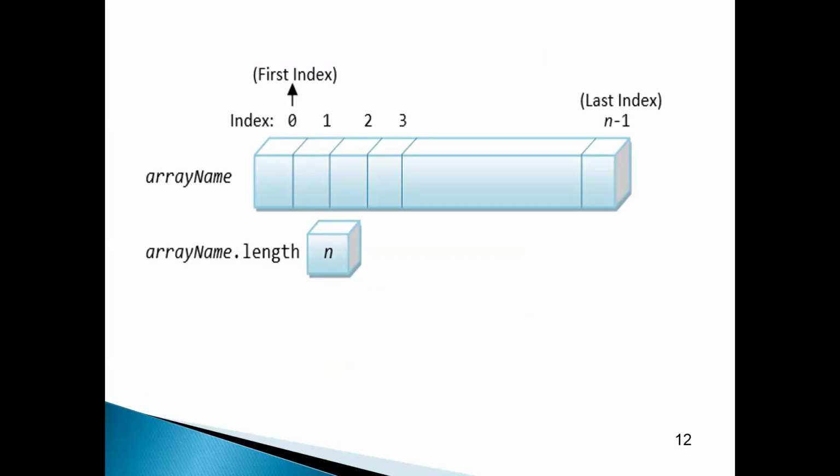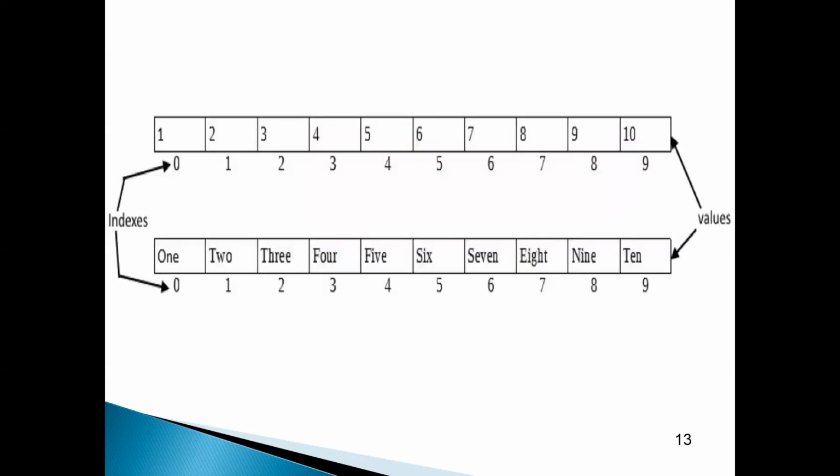Next slide, guys. You can see a one-dimensional array in general. It has length, it equals 10. Array name, of course. The first index is always 0, then 1, 2, 3, and so on. Last index is n minus 1. Okay, next picture, guys.